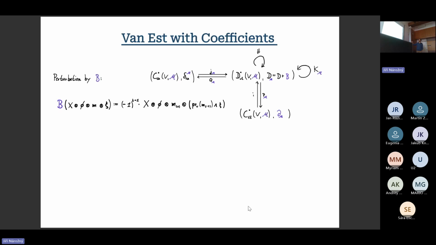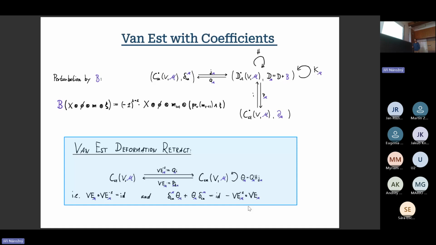And then what we have to do now is perturb the total differential again one more time. And then we do the same stuff as before. We perturb the differential here, so we perturb the complexes and the maps, and we again get a deformation retract for the Chevalley-Eilenberg complex and the coalgebra complex with values in some co-module. Okay.